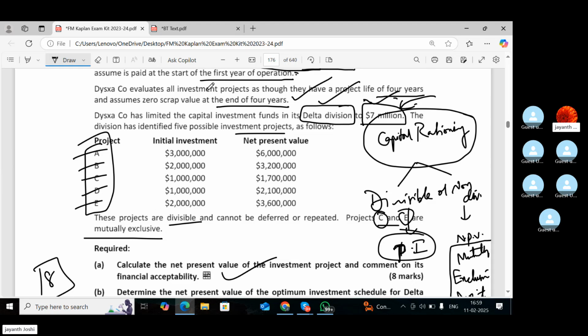So we'll go with profitability index first. So we'll take the projects here, or else we'll do the calculation here. So find out the PI. Okay, I'll just open a new page.